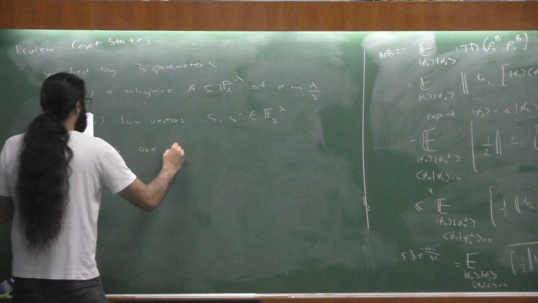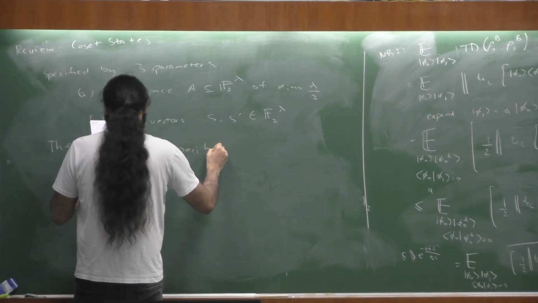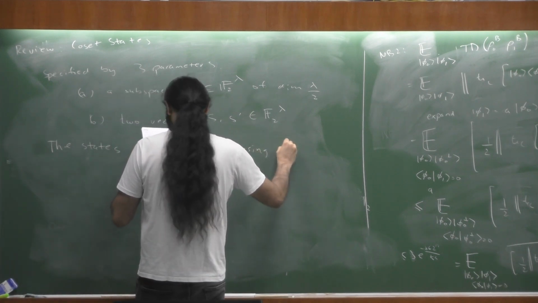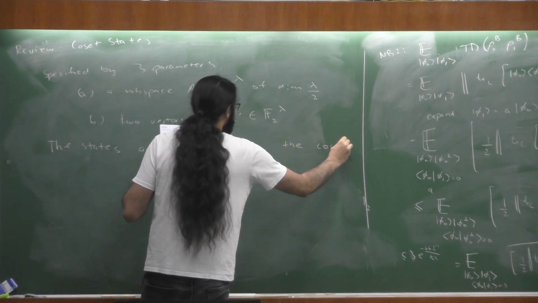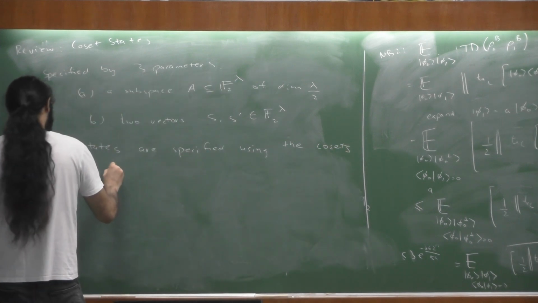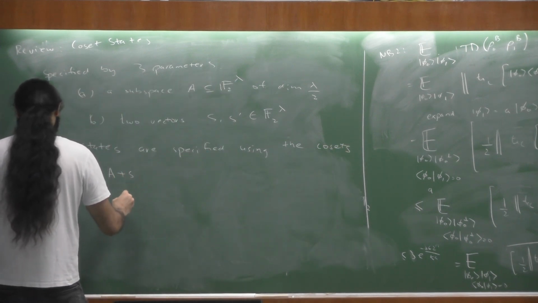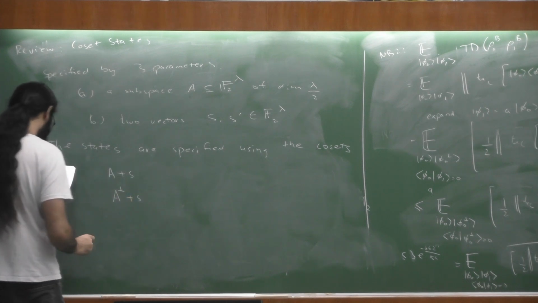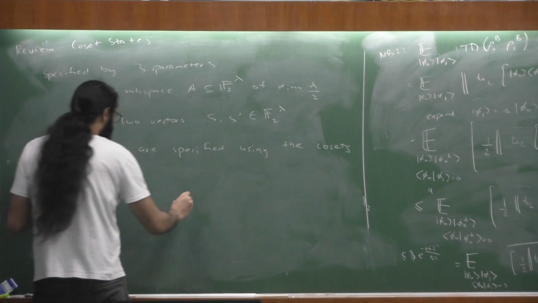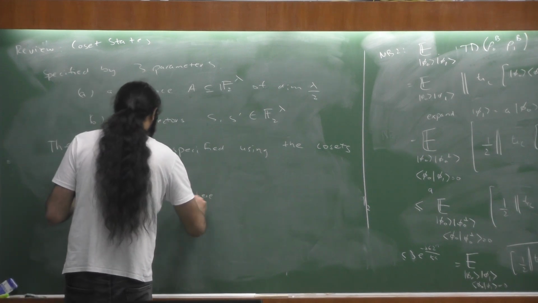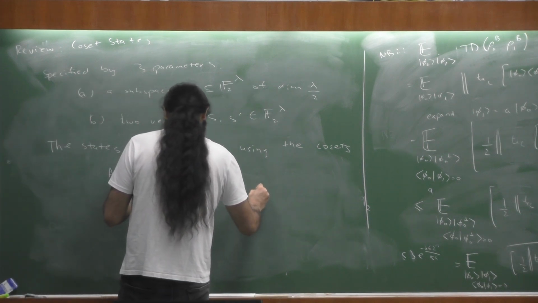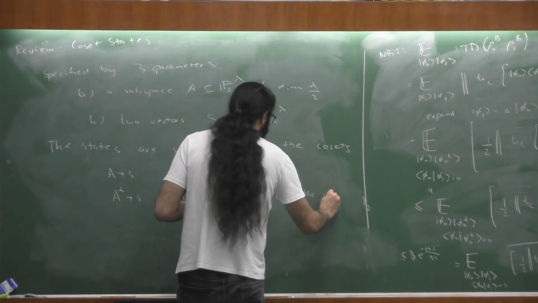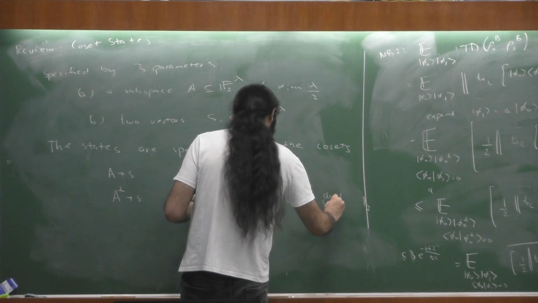The states are specified using cosets: the coset A plus S, and A perp plus S prime, where A perp denotes the dual or orthogonal subspace.